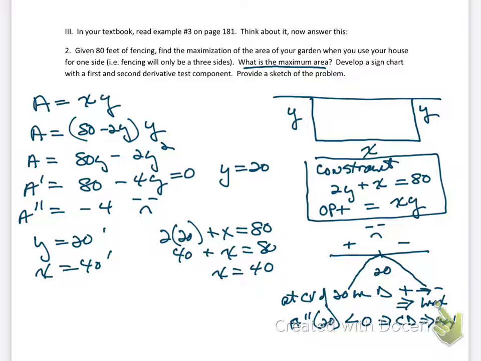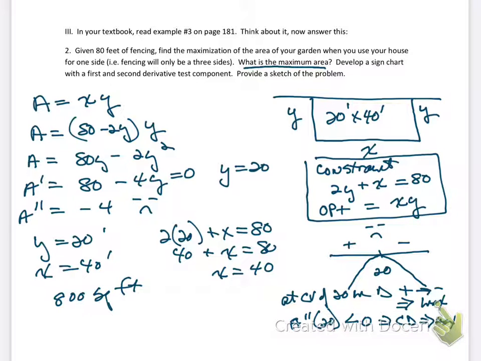So these are feet. And then what is the maximum area? So 20 times 40 is 800, and this would be square feet. So this is a rectangle, and the dimensions are 20 by 40. All right, so that's our answer.